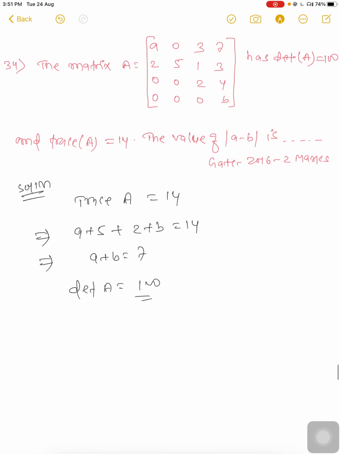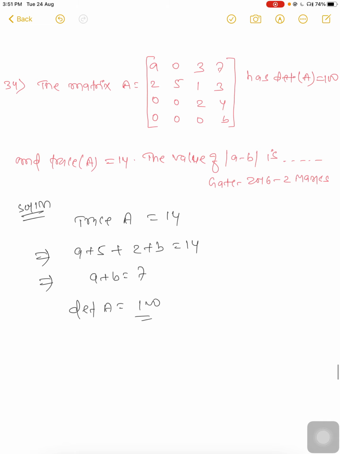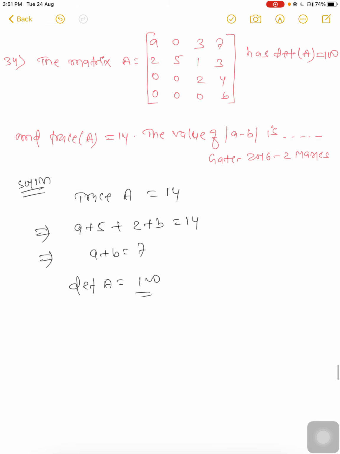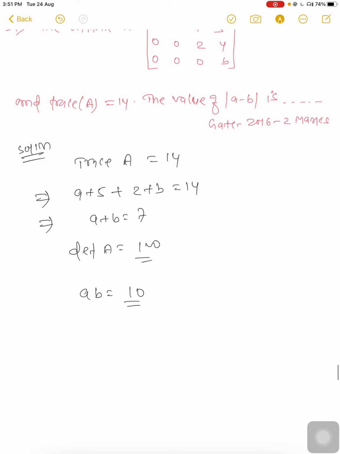Determinant of A is equal to 100, and take the determinant. When you take the determinant and solve it, after solution you will get ab is equal to 10.